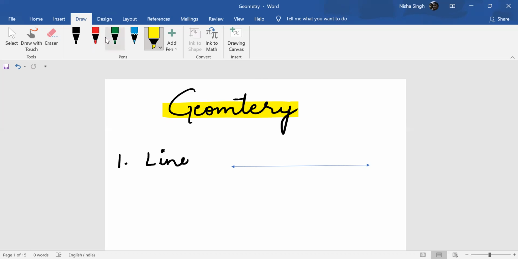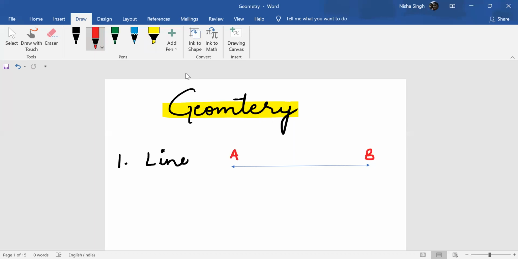You can see a line on the screen. Yes, so children, a line is here in the picture. You can see that two arrows have been made. It indicates that the line can be extended to any length on both sides.